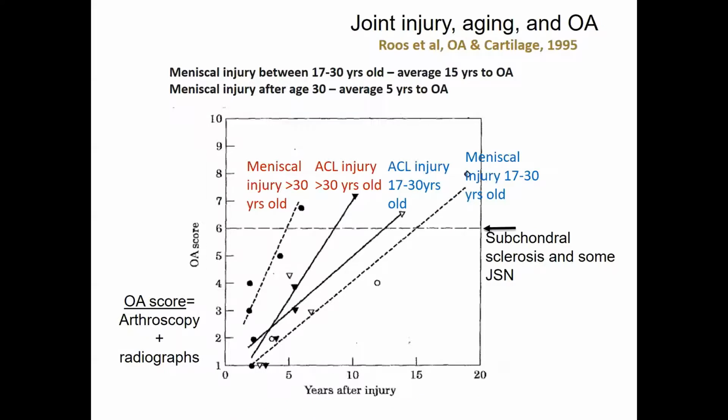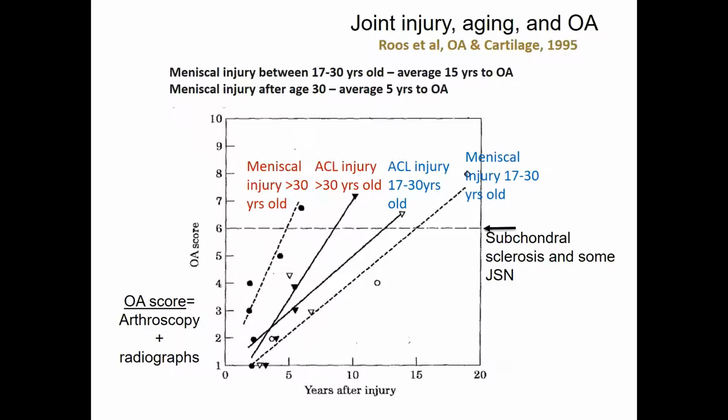And then finally, this is another study looking at people with joint injury and how quickly they develop osteoarthritis and how that relates to age. So this is an osteoarthritis score. This was a study done in Sweden where they did arthroscopy plus radiographs. And they kind of cut this line here at a score of 6.